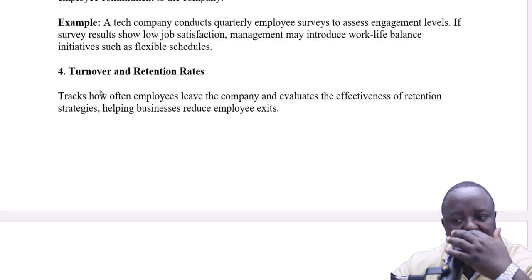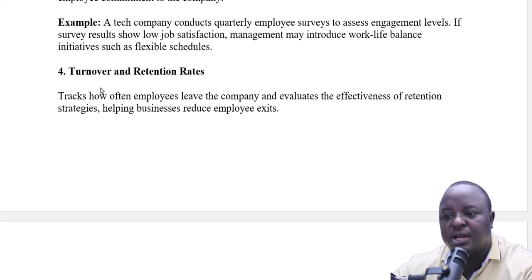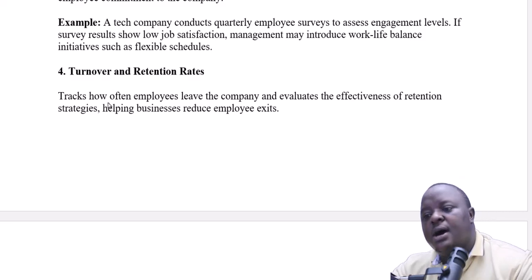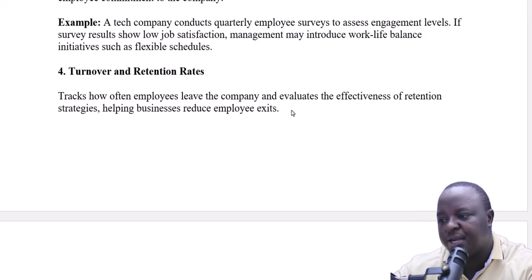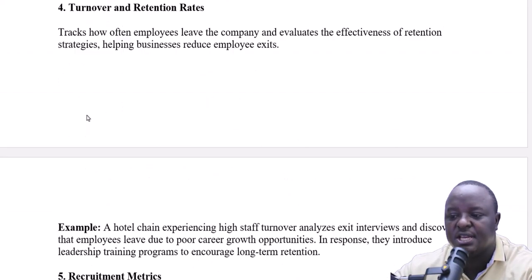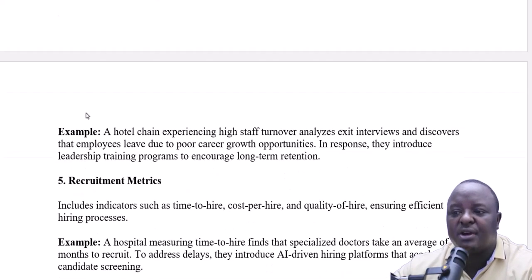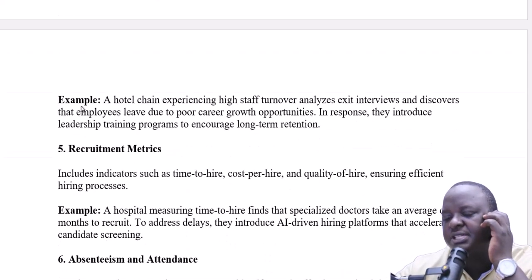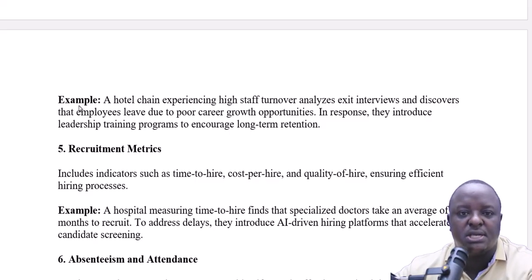Fourthly, we can assess or look at the turnover and the retention rates. This tracks how often employees leave the company and evaluates the effectiveness of retention strategies, helping the business reduce employee exits. So here we can look at an organization where employees keep resigning. You bring in new employees, and after 2 months, 3 months, they have resigned.